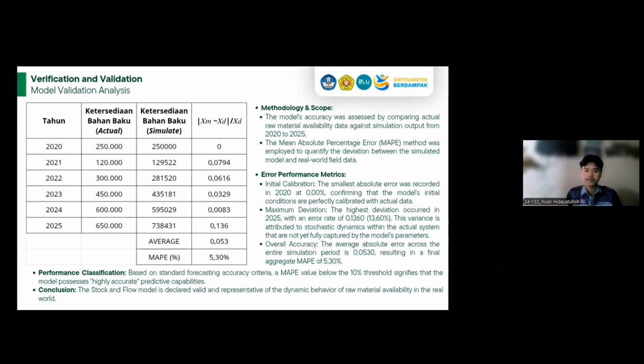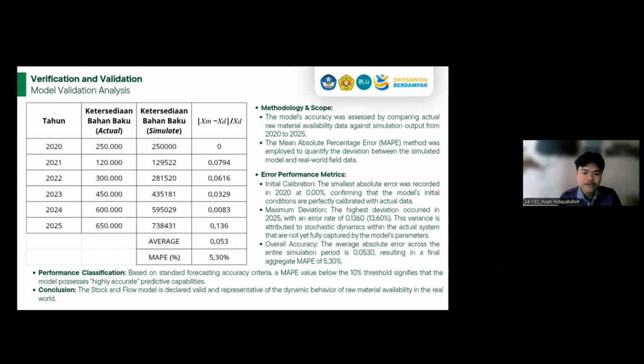And the average absolute error across the entire simulation period is 0.0530, resulting in a final aggregate MAPE of 5.30%.